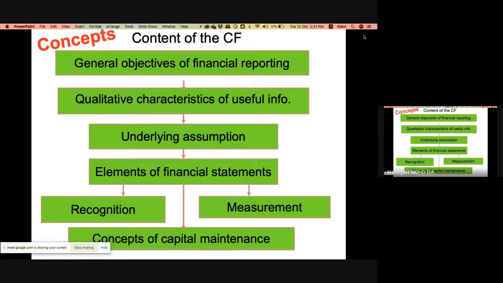That is the assumption being applied by the preparers. Then what are the elements of the financial statements in terms of recognition and measurement? And then the concept of capital maintenance. So these are the five items deliberated in the conceptual framework.